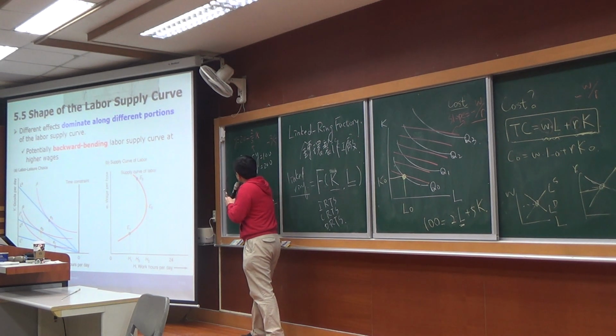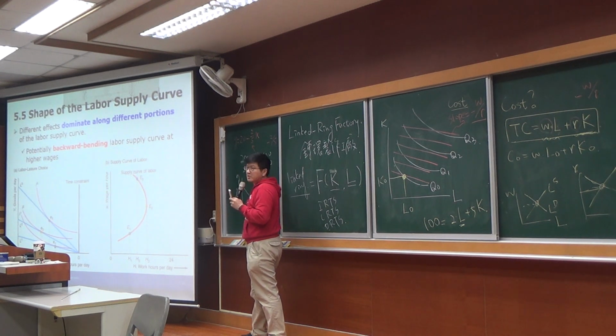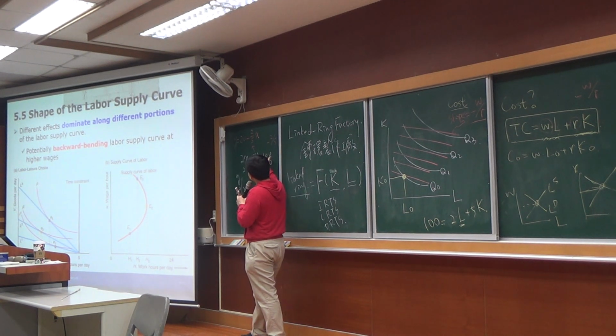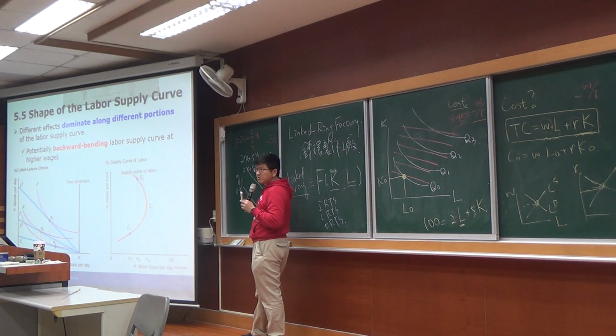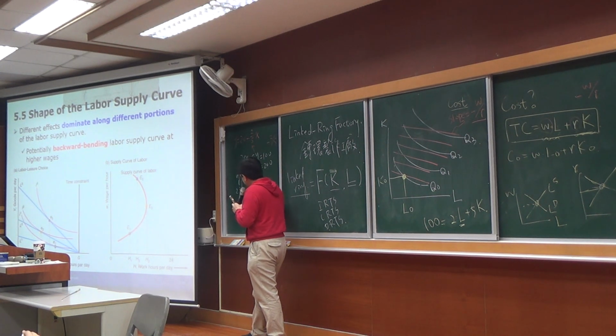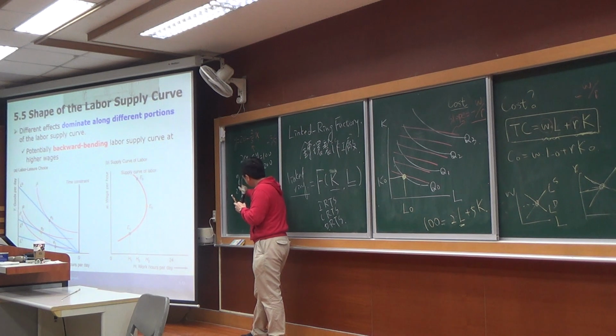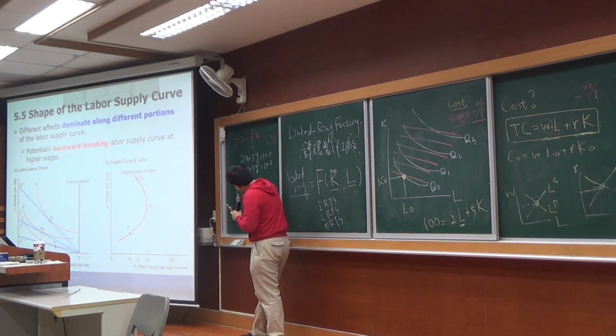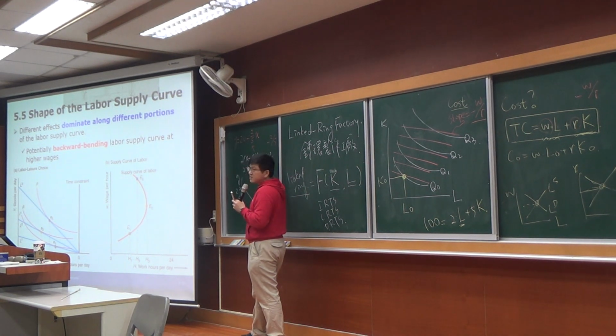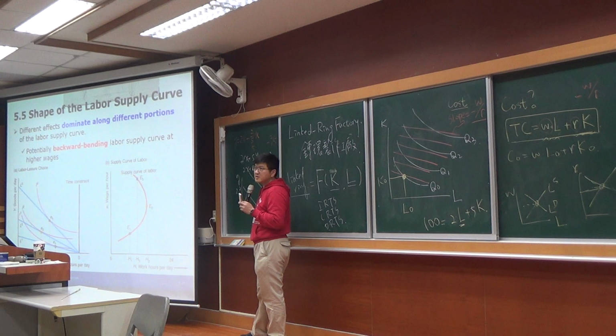So if this is the cost for labor and the cost for capital, then the sum of them would be the total cost, which would be 100. So on one cost line, all combinations give us the same total cost. Is that clear? Okay.